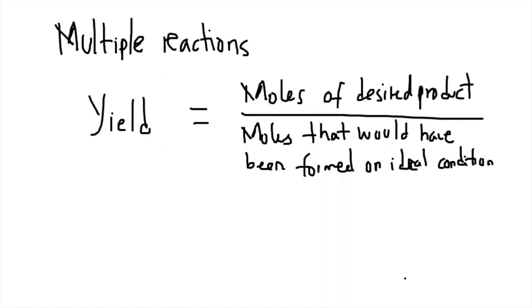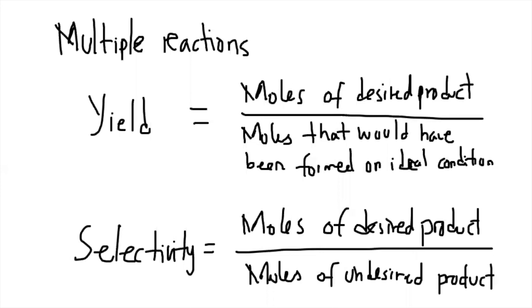And usually the yield is not 1. Usually the yield is less than 1, which means that we're not going to actually obtain what we could have been obtaining if we have this ideal condition, no side reactions, and no limiting reactant.